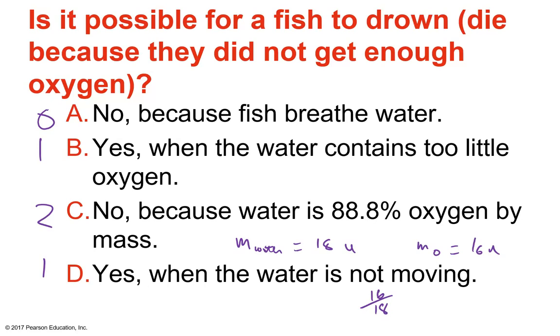Now, the bottom one, yes, when the water is not moving. That actually is a reasonable answer, one person did say that. That's a reasonable answer because when the water is moving, you generally allow it to aerate. So a stream with water going over the rocks, you're going to form air bubbles when the water is going through that turbulence over the rocks, and it aerates the water.